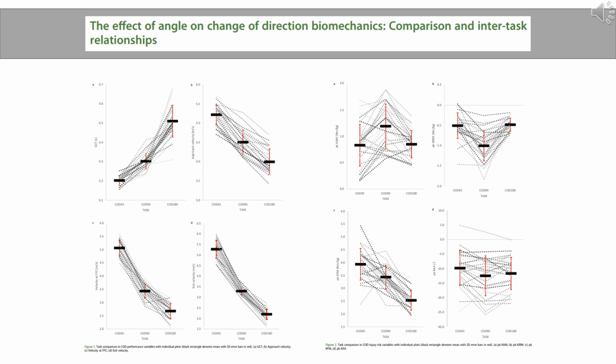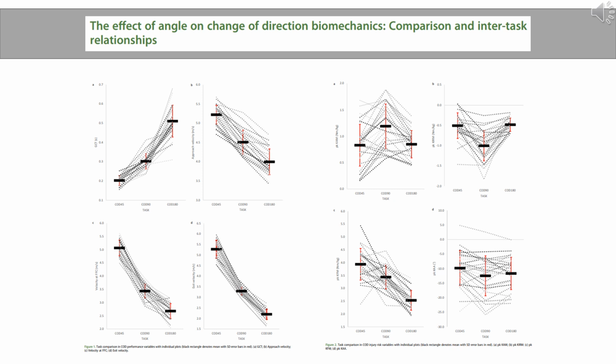Essentially, you would expect a mirror image of that for approach velocity, velocity at final foot contact, and exit velocity. Bearing in mind that for velocity, the desirable outcome is the higher number, it's expected that velocity will be greater during a 45-degree cut compared to 90 and 180. And you can see that these two graphs show the same trend or pattern.